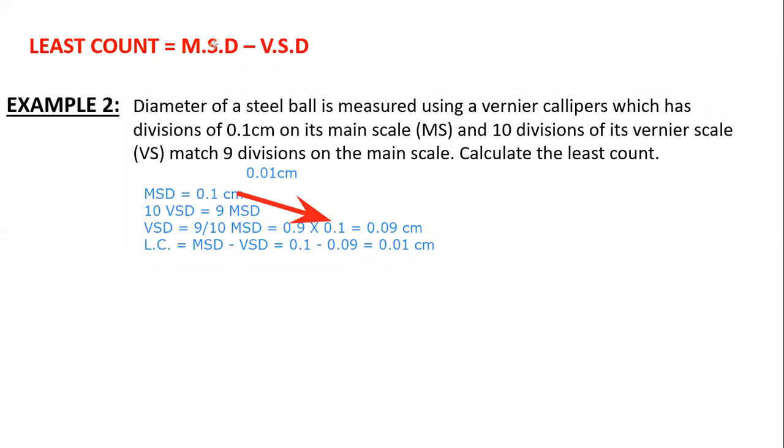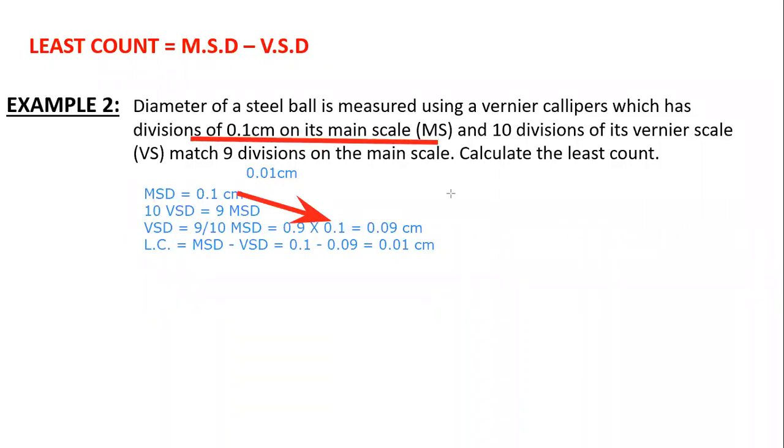And two things I need to find out to get the value of least count: main scale division and vernier scale division. Main scale division means the smallest reading on the main scale. Vernier scale division means the smallest reading on the vernier scale. As per the question, the main scale has the smallest reading as 0.1 centimeter. See, just go through this line.